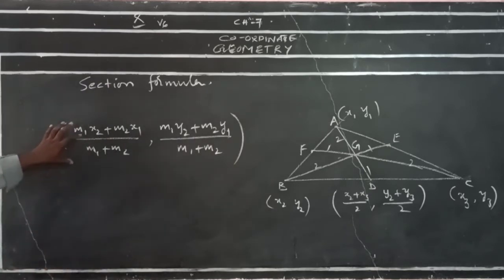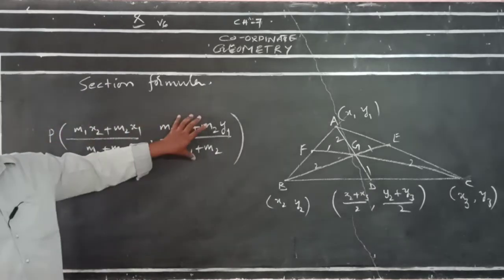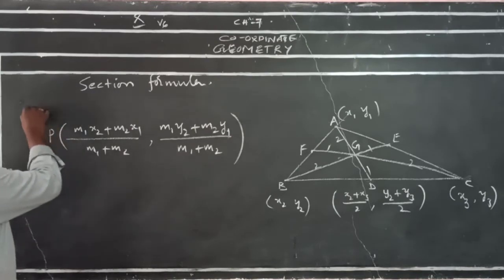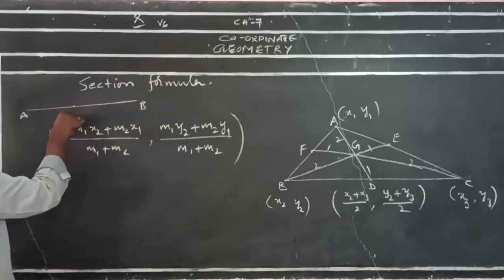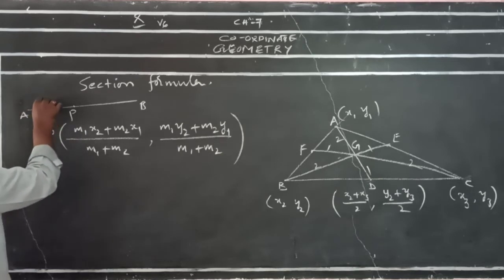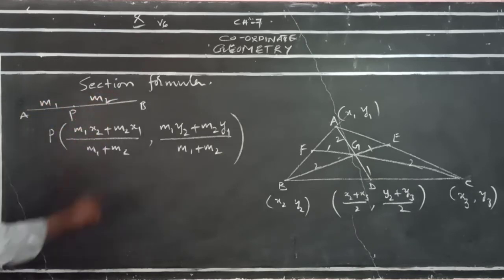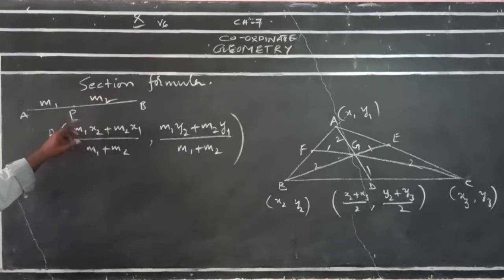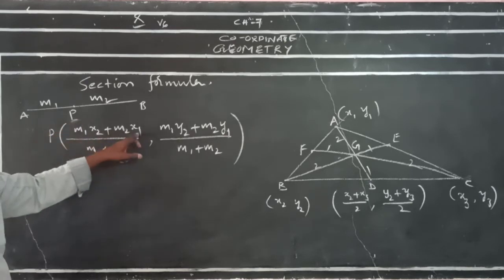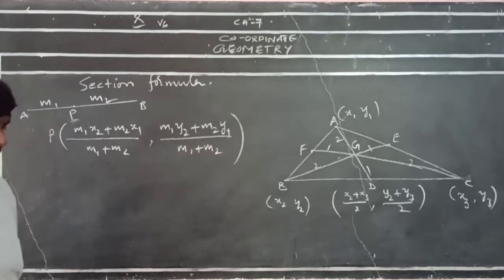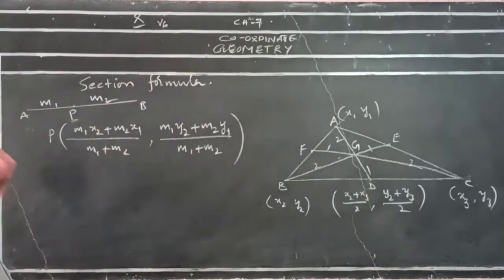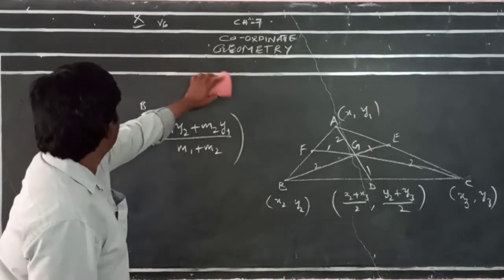So this is the formula. Whenever P divides AB in the ratio of m1 is to m2, then the coordinates of P are m1 x2 plus m2 x1 by m1 plus m2, m1 y2 plus m2 y1 by m1 plus m2.